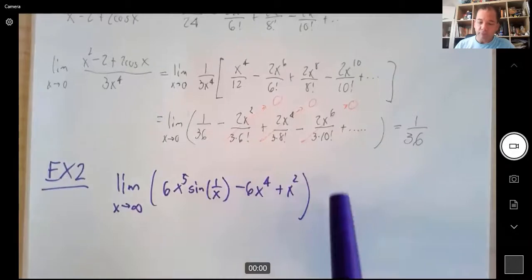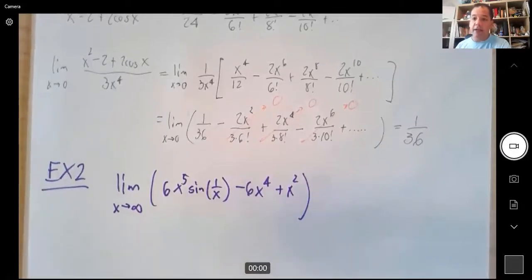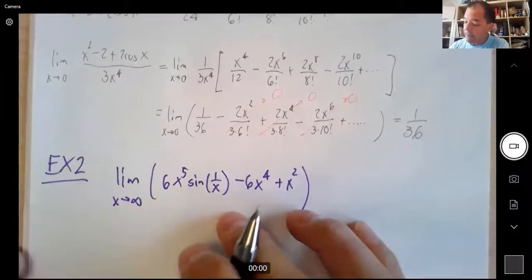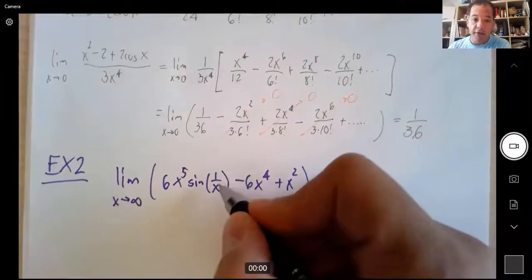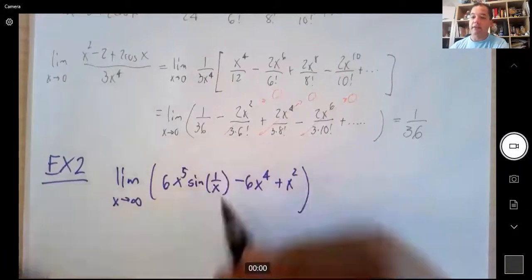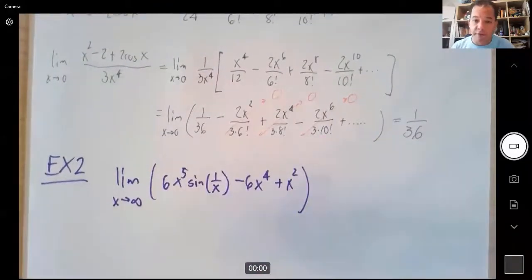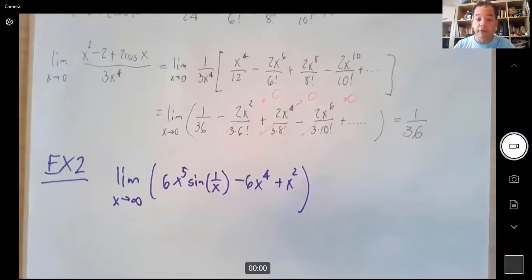Now, there is an additional trick before we can use the Taylor series, and it is that 1 over x is complicated, right? You don't want to do the Taylor series of sine x and then plug in 1 over x, because then you're going to have an expression with a lot of things in the denominator. The better trick here is to do a change of variable, kind of like a u substitution for the limit.